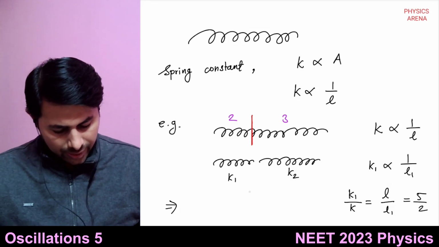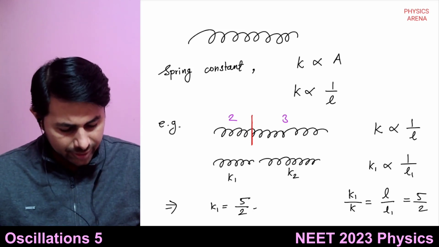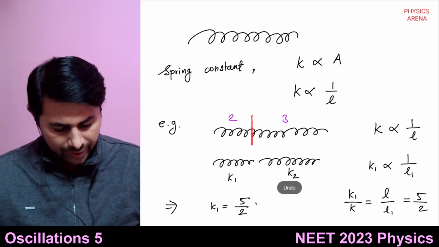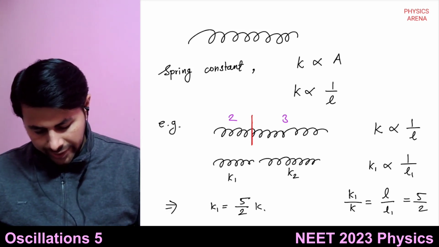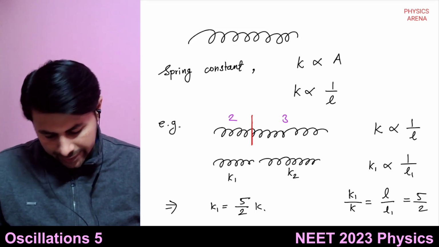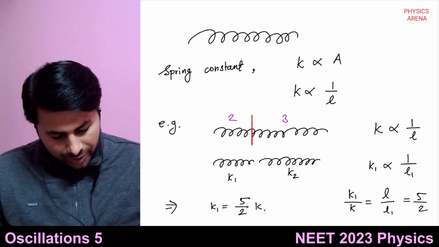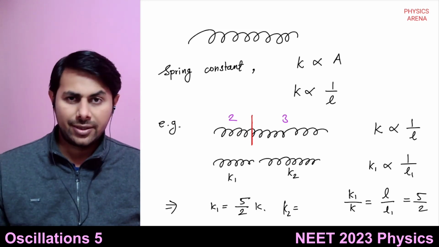Therefore you get K1 equals 5 by 2 times K. And by the same token, K2 equals 5 by 3 times K.